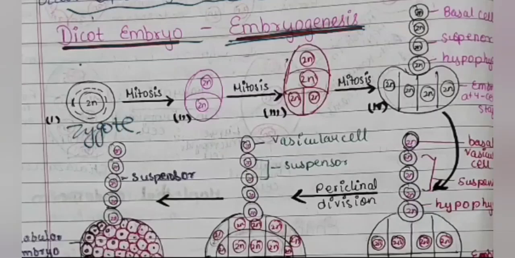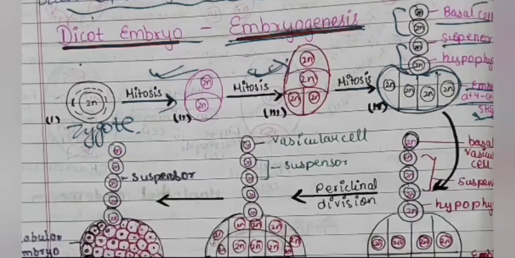So this is the zygote here, in which mitotic division takes place three times, right? And forms the cells. The apical ones form the embryo at the 4 cell stage, and the other 4 are the basal cell, then the suspensor cell, and then the hypophysis, which are aligned on each other below the embryo at the 4 cell stage, right?